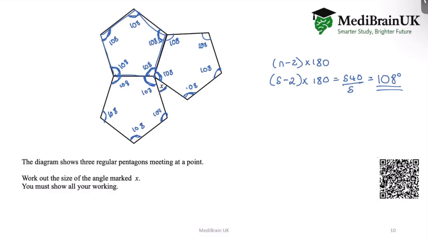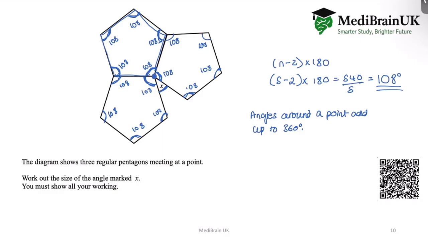Now we need to work out what this angle is, marked X. To work out what the angle is, you know a special fact: angles around a point add up to 360 degrees.